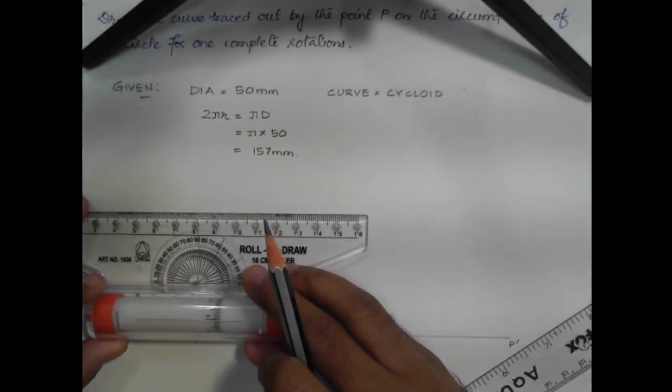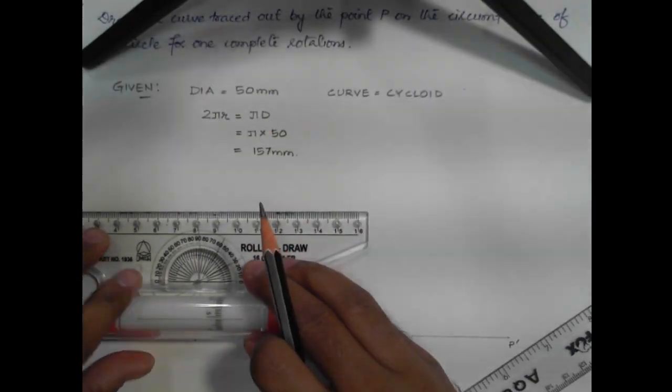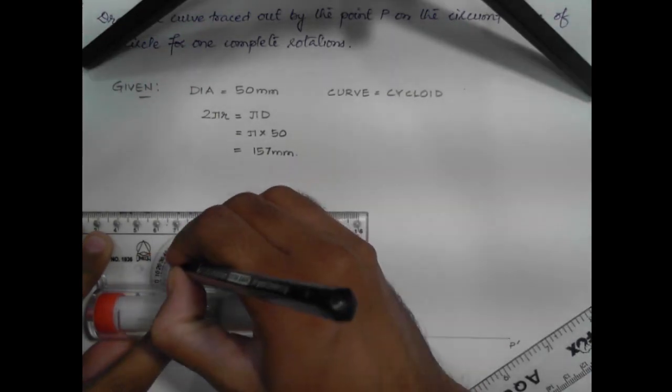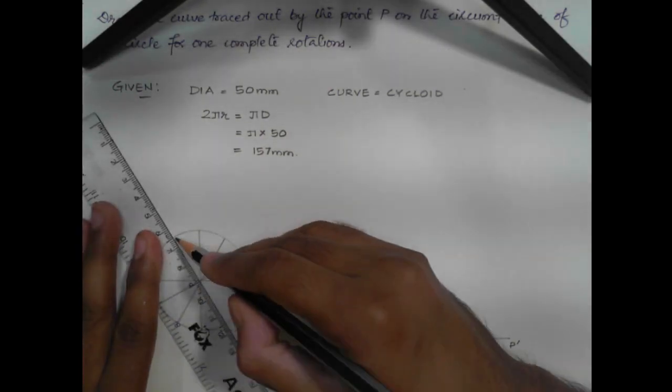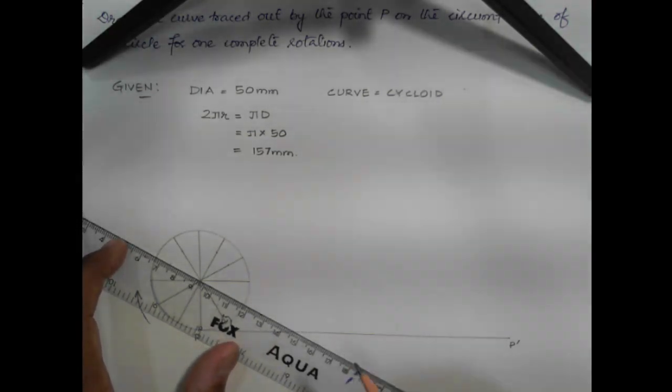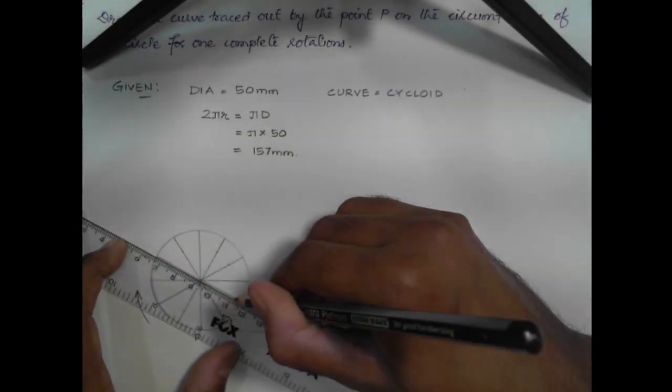Similarly, you can do this division in your own way. There are different types of methods to draw the division of circles into equal number of parts. Now, this you should know very carefully.